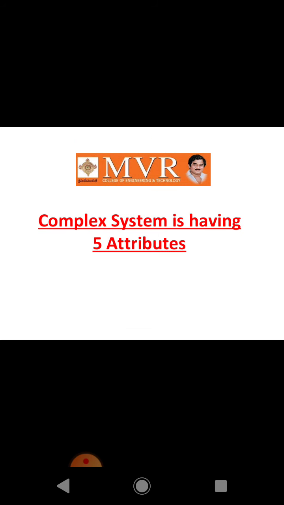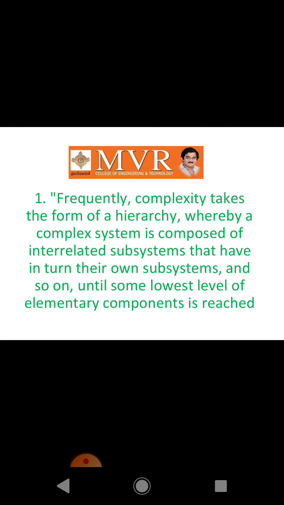If the system satisfies the following 5 attributes, then the system is called a complex system. So let us study what are those 5 attributes. First attribute, frequently complexity takes the form of a hierarchy, whereby a complex system is composed of interrelated subsystems that have in turn their own subsystems and so on, until some lowest level of elementary components is reached.